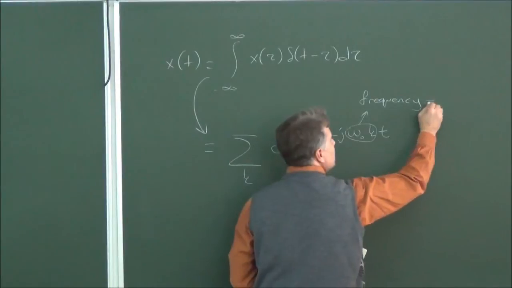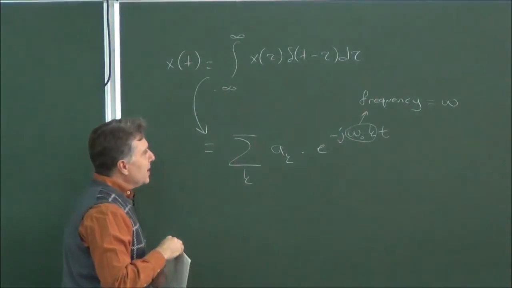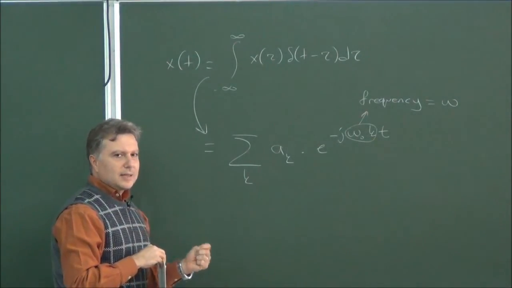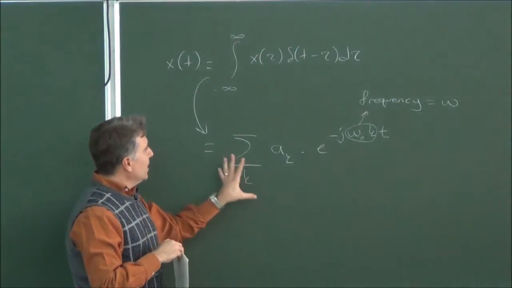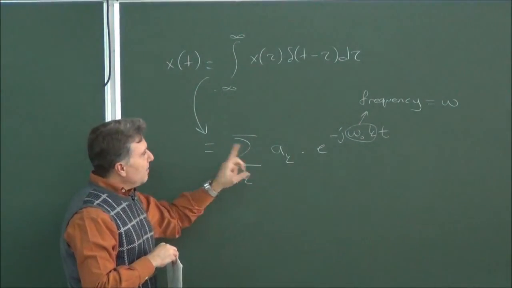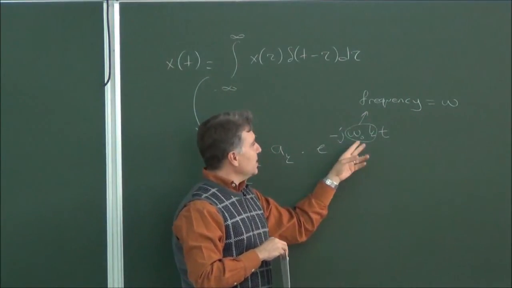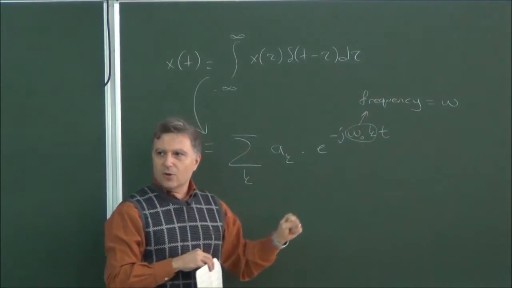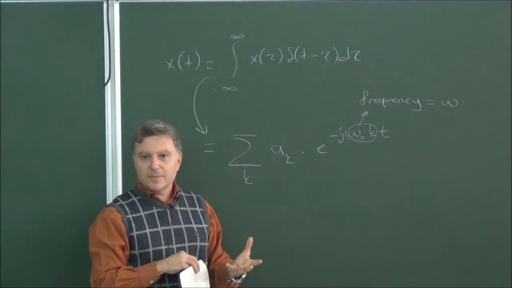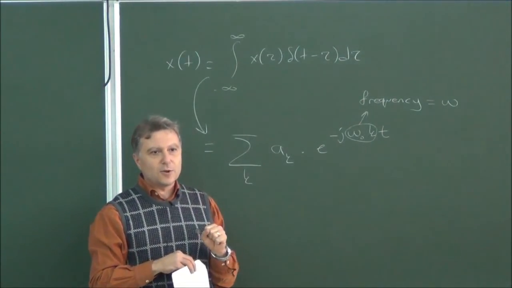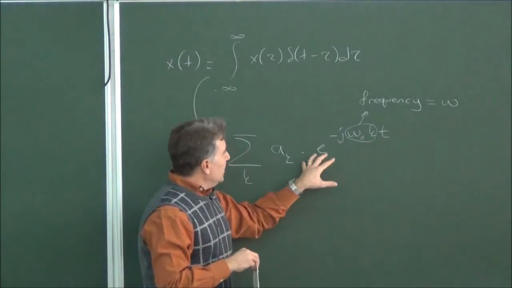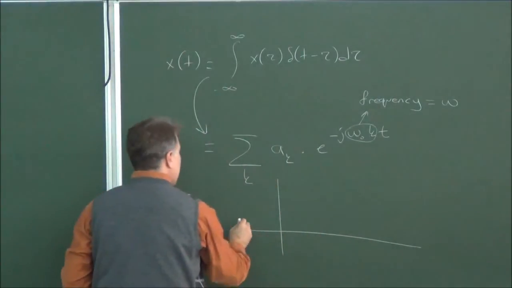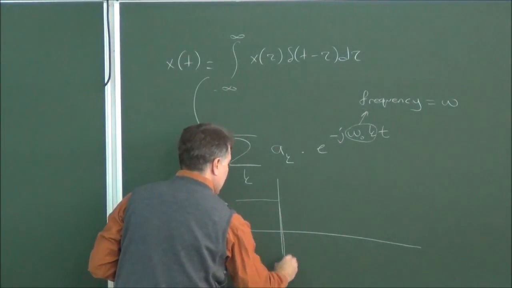So that is the frequency which is called omega, but that omega is not continuously varying. Like, not every omega is a possible frequency for this summation. Every omega that is possible in this representation must be an integer multiple of omega 0, which is also known as the fundamental frequency. So there is a fundamental frequency, omega 0, that you have to determine. And there is a component of that frequency. So it is something like this. Let's think of a square waveform like this.